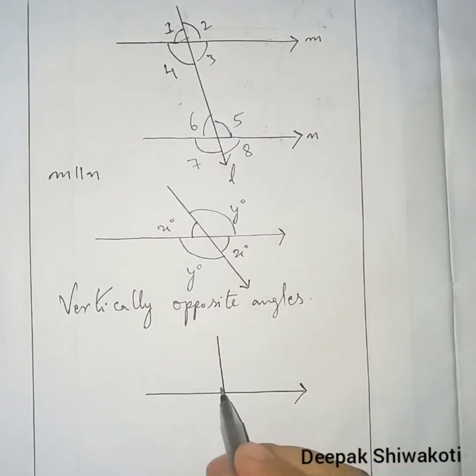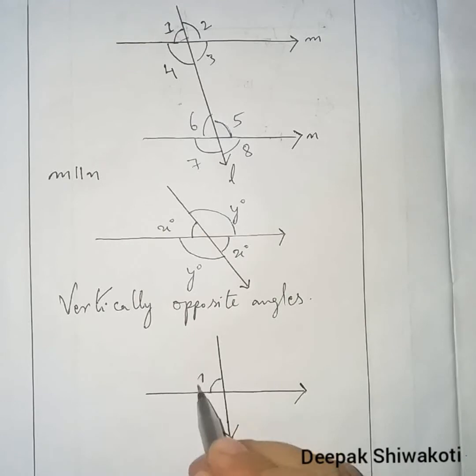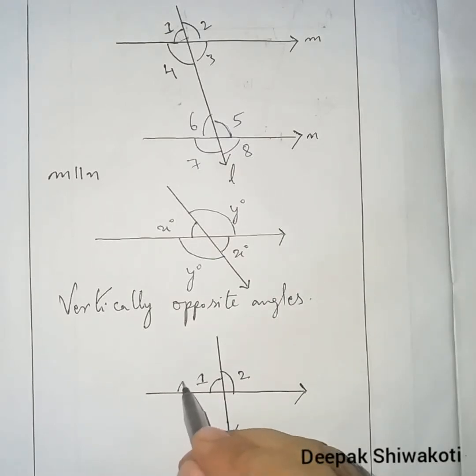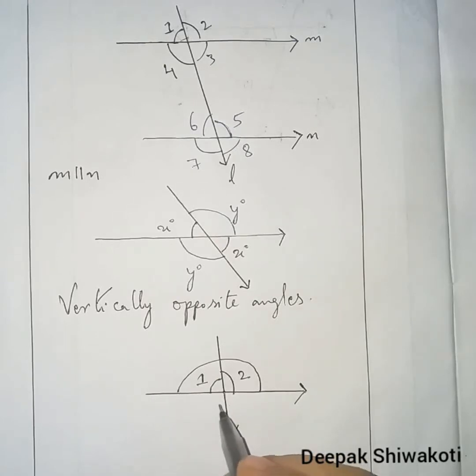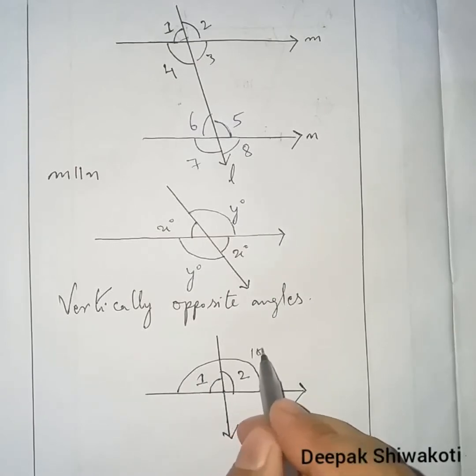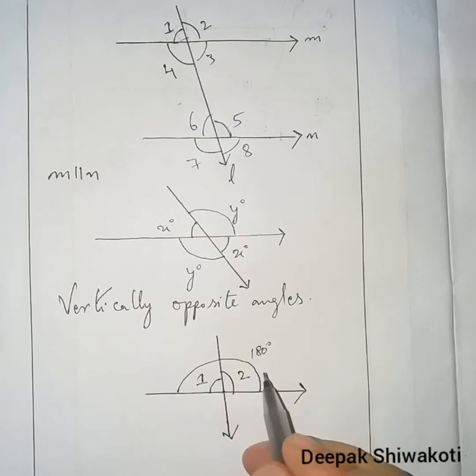So the angle formed here, suppose this is angle 1 and this is angle 2. The total angle formed at this point is how much? 180 degrees, because the angle of a straight line at a point is 180 degrees, isn't it?